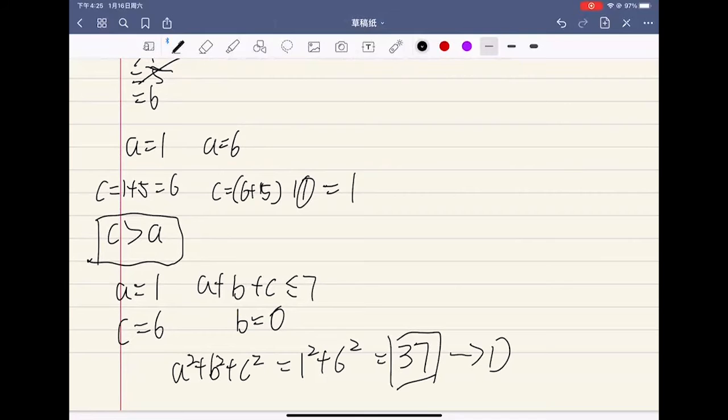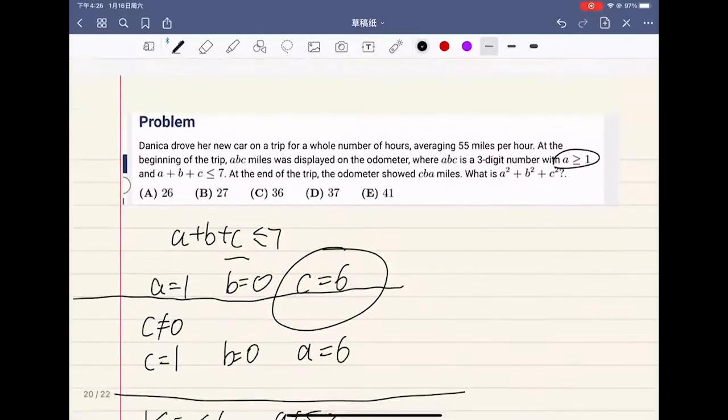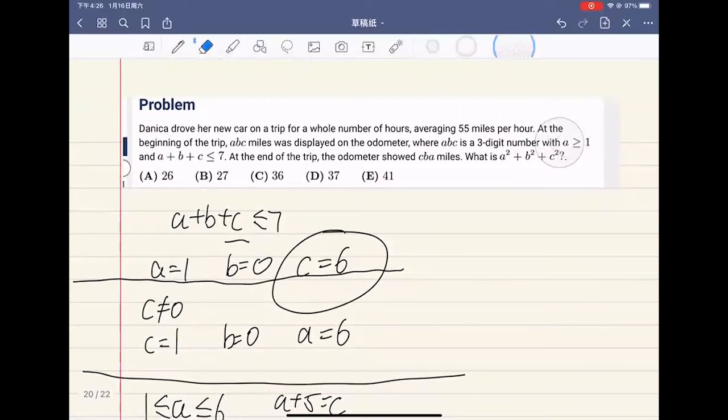Yeah, that's how you need to be sensitive to numbers. May I read the question again? Yeah. I'm going to highlight some keywords.